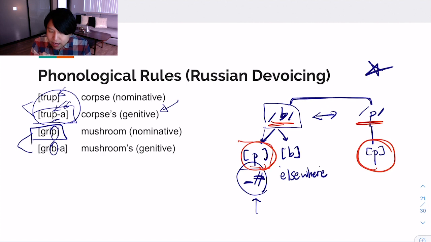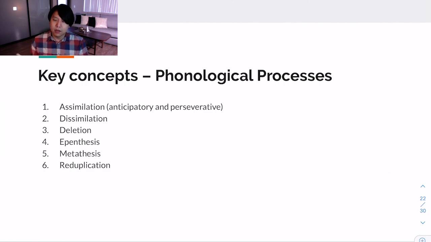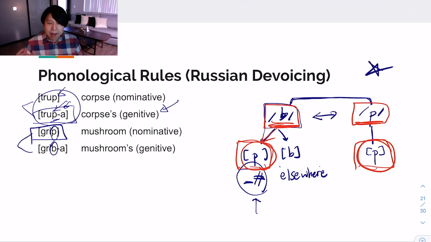So the p sound in Russian is a result of b devoiced and p as it is. So that's one of the key takeaways from this example. And yeah, these are some wrap-ups for phonological rules.